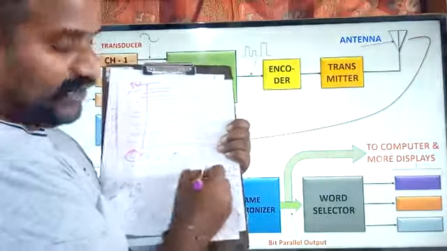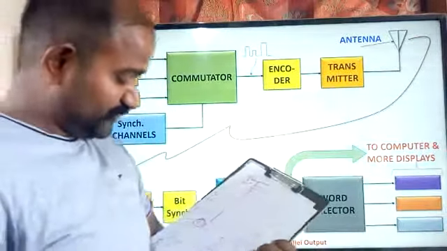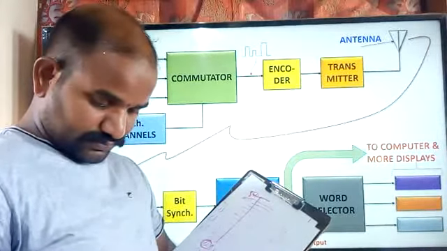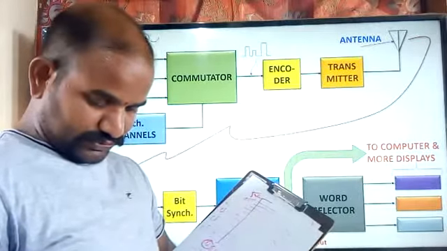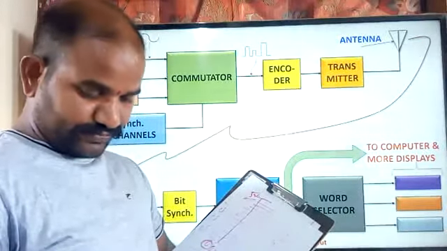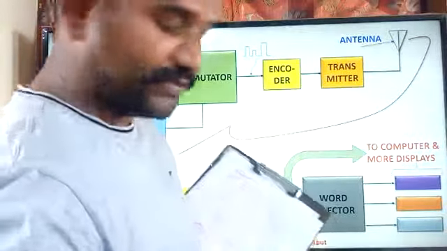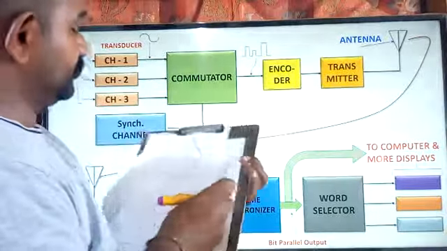If you do this calculation, let me take the calculator for this division. 5 by 1024 is 4.8 millivolts.